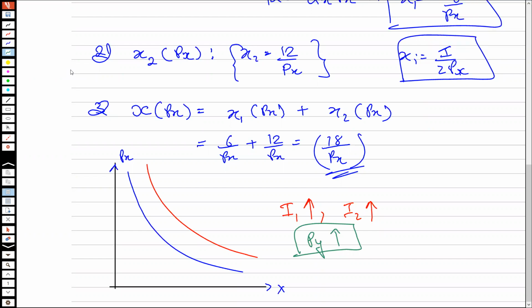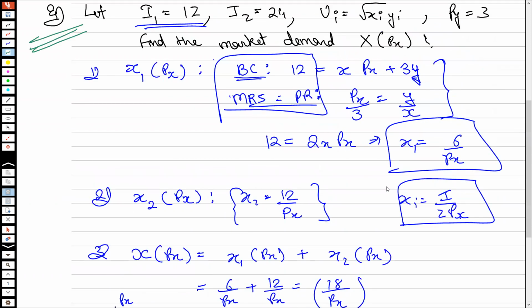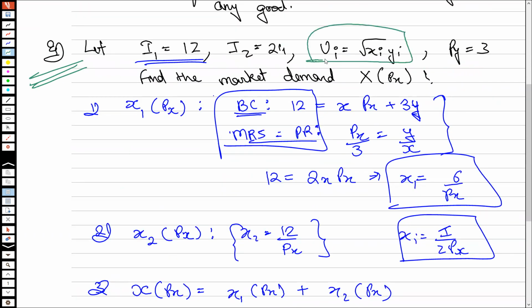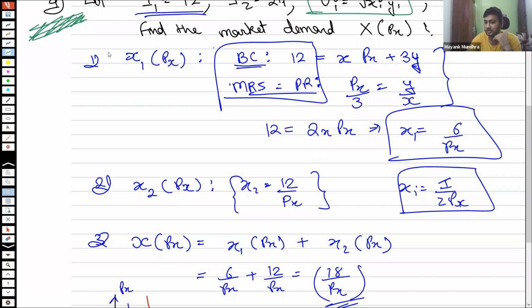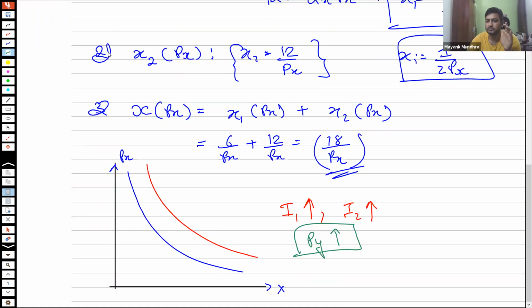It will shift rightwards. Okay, if it is a substitute... I'm talking about this utility function. I'm talking about this example. So I've given you the entire math. After this, there is no scope for subjectivity about if it is this and that. There's no if and that. You have to be absolutely certain because I've given you the exact functional form itself.